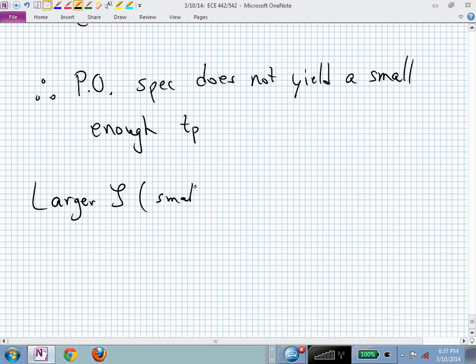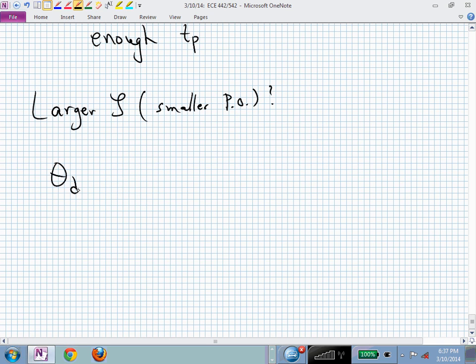Which is moving us in the right direction. That's a smaller percent overshoot, but is it going to give us a bigger angle? Suppose we said, what if we took theta sub d with zeta equal to 0.6 instead of 0.456.